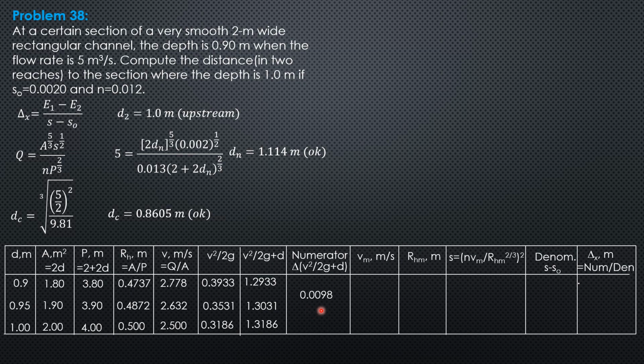So this is supposedly that value minus this value, so this is negative, negative 0.0098.